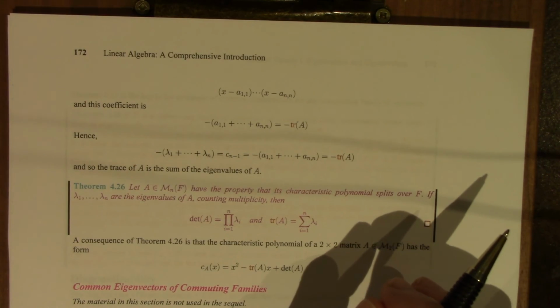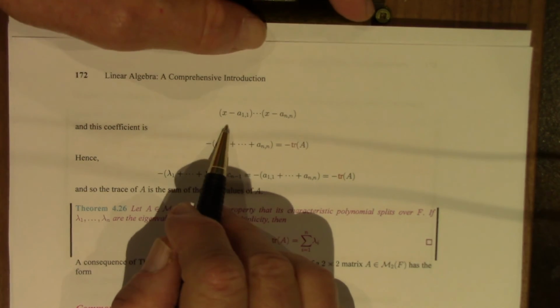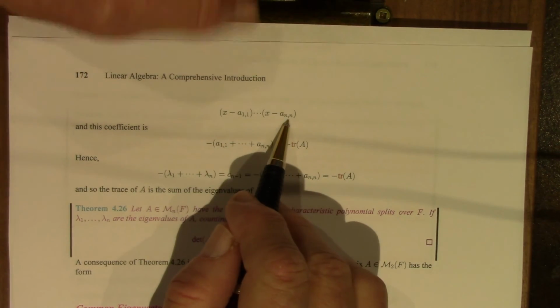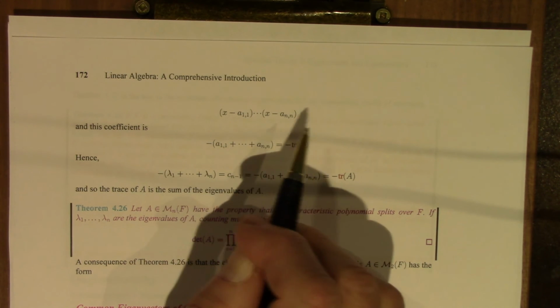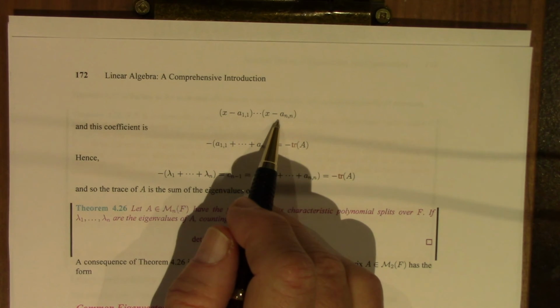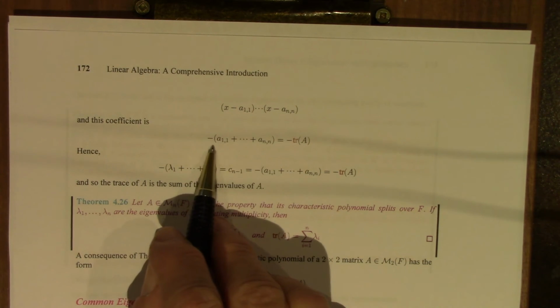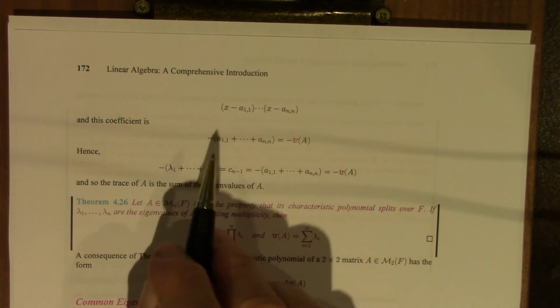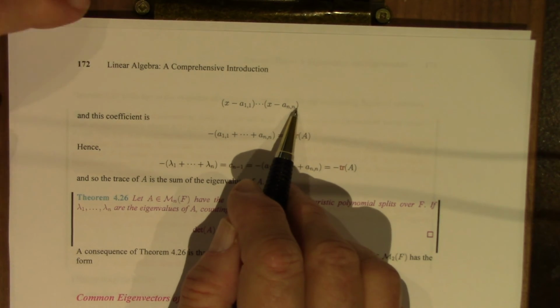So a little bit of reflection will show you that this is the only part of the full expansion that contributes to the coefficient of x to the n minus 1, and that contribution is the negative of the sum of these constant terms.